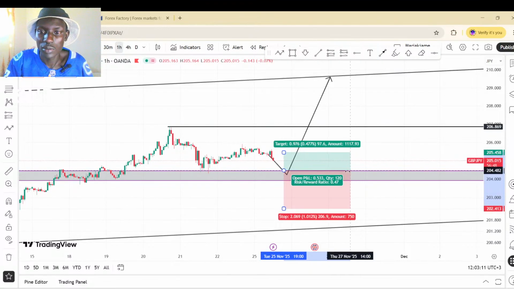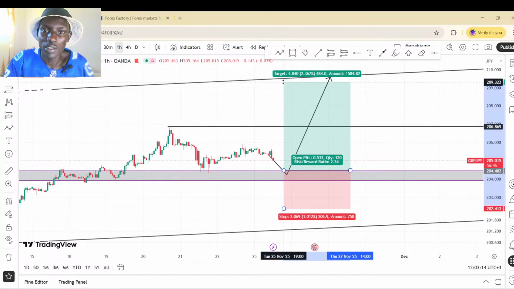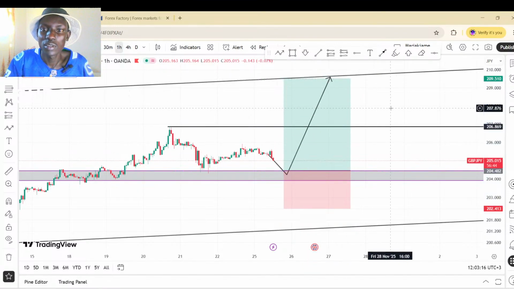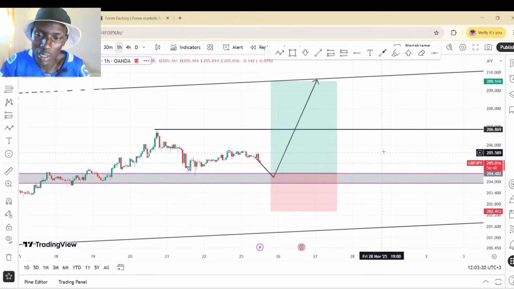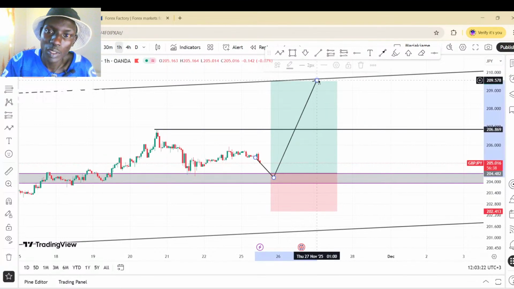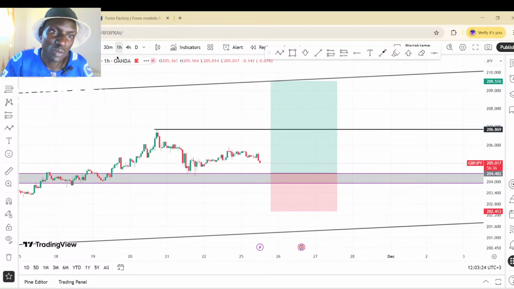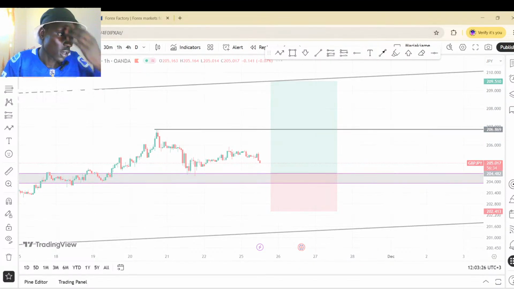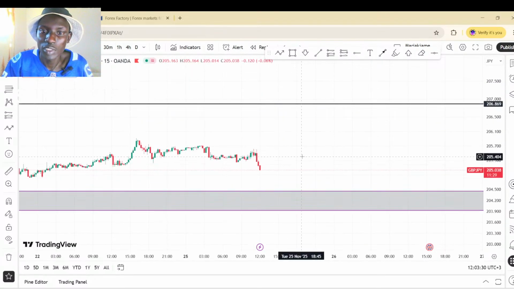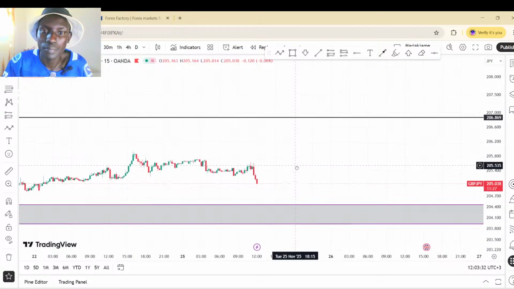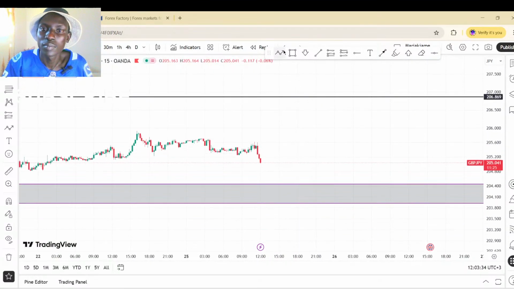I know it's small. That is going to be our TP. If you are to take this kind of trade, we have to go to 15 minutes and confirm if it is the same thing that we are seeing. Yes, so let's long it.